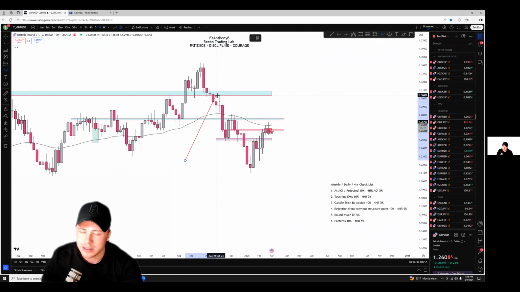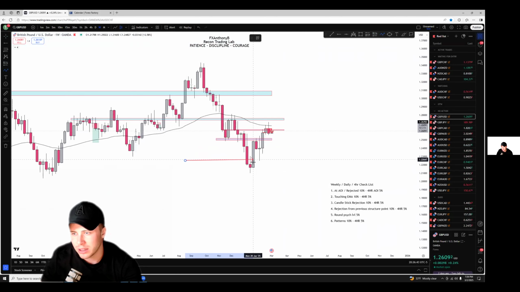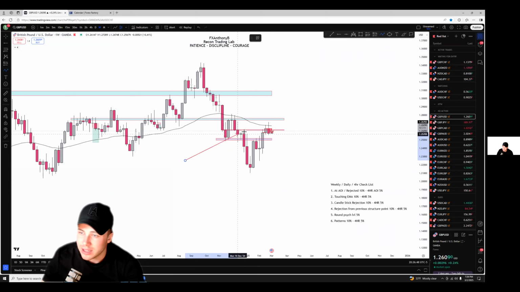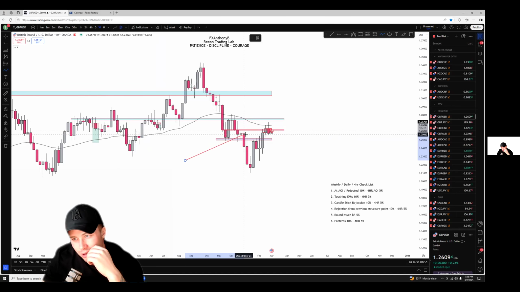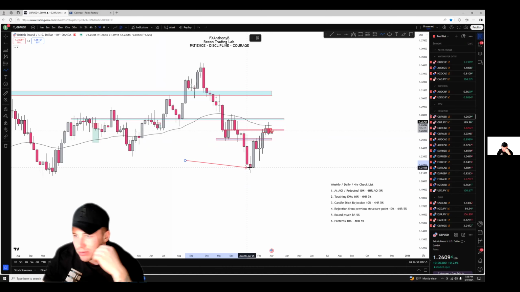Higher high, higher low. Shift in structure, lower high, lower low. Lower high, lower low. Okay, actually, I'm not going to count this elbow. I mean, we should. 1, 2, 3, 4, 5. Yeah, so lower high, lower low, shift in structure.